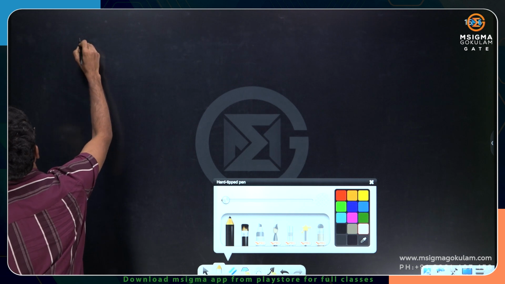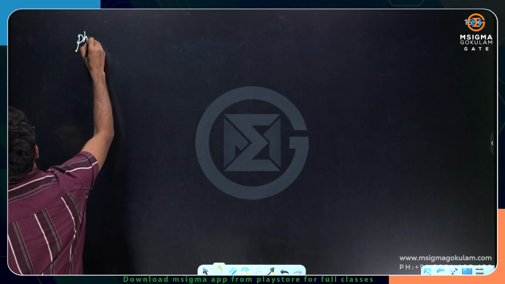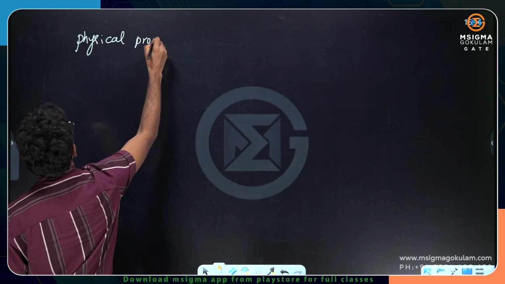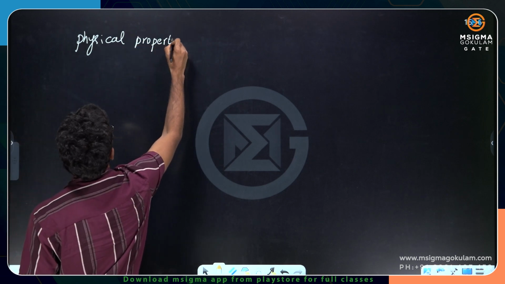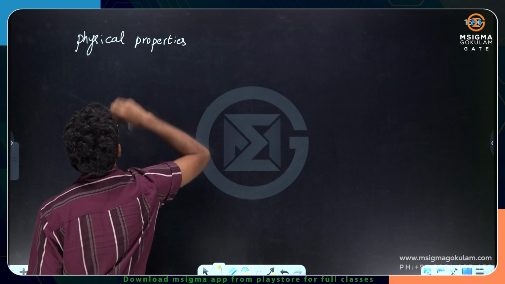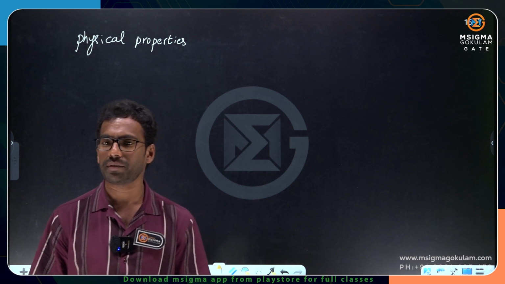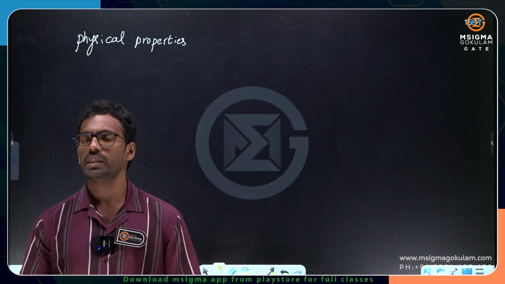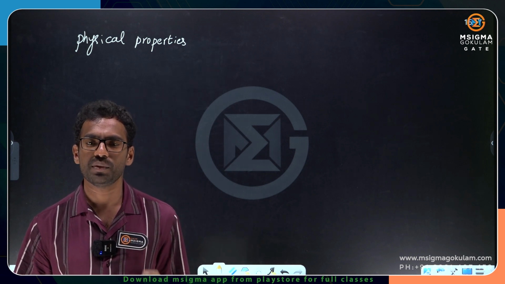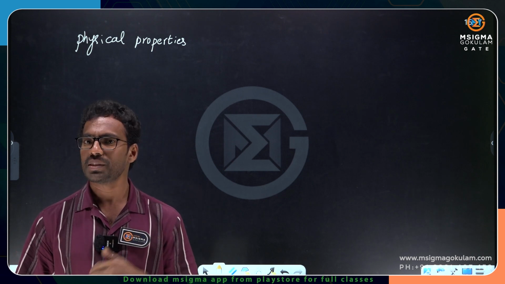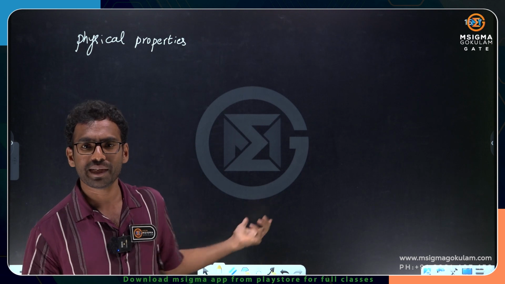Suppose I start with the physical properties of a steel. When I talk about physical properties of a material, what comes into picture? Can you think please and tell me what the physical properties are? Don't say color, texture, etc., but engineering things.